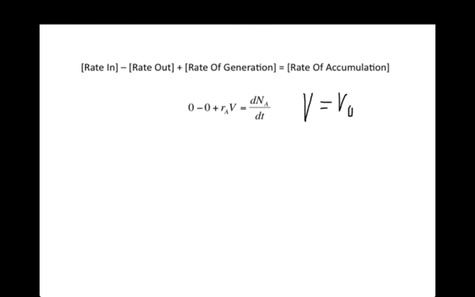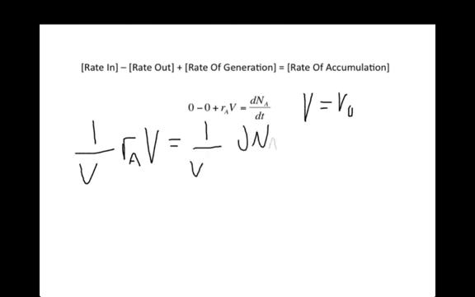And so we're going to multiply both sides of the differential form of the mole balance by 1 over the volume. So we have 1 over the volume times the rate of formation of A times the volume is equal to 1 over the volume times dNa with respect to t.